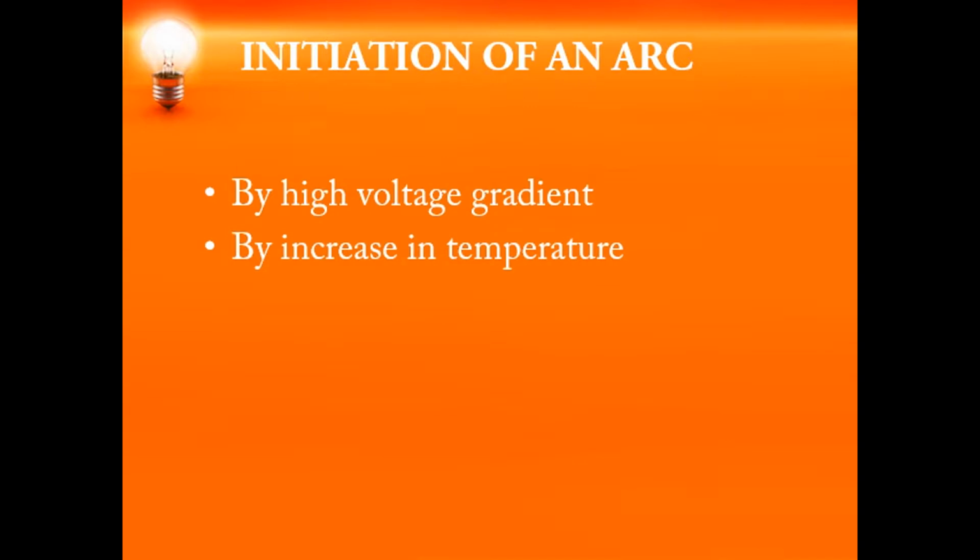This movement of electrons liberated from the cathode and moving towards the anode will collide with the atoms and molecules of the gases or vapor present between the contacts, and that causes the formation of the arc, nothing but the electrical discharge. The emission of the electrons because of this high value of voltage gradient is called field emission.